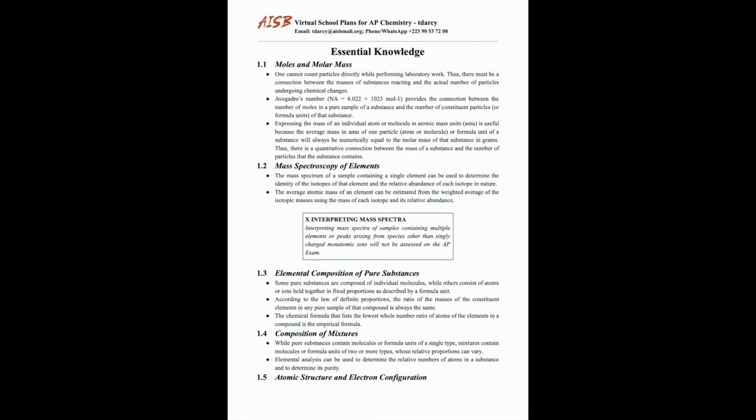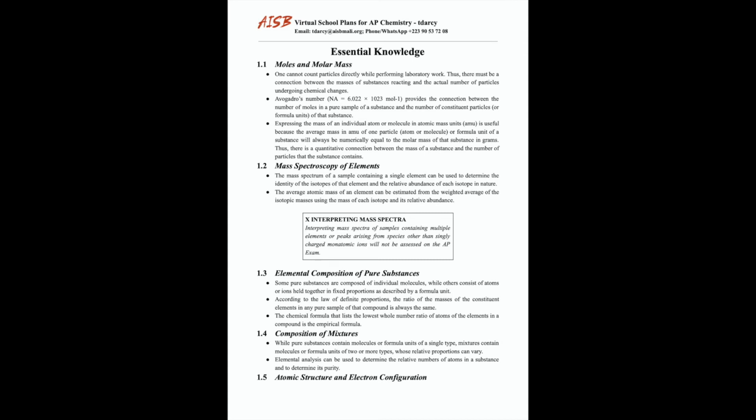Now the next page, it says essential knowledge. And that's what you're actually going to be learning or reviewing from having learned it in chemistry. So Unit 1, moles and molar mass, there are 3 bullet points. One cannot count particles directly while performing laboratory work.